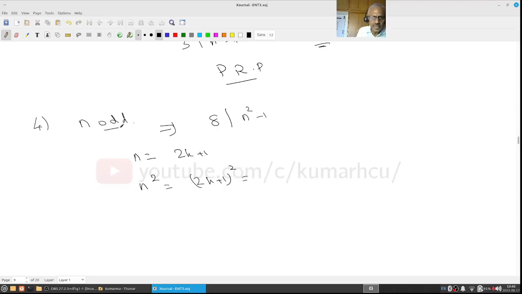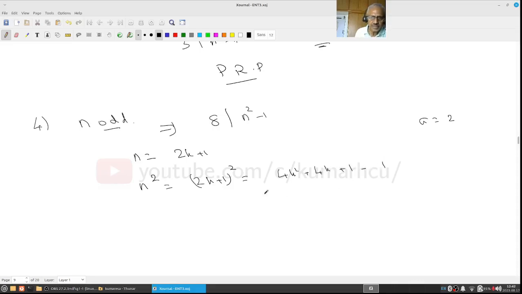Remember, whenever you say odd, then what should be my a in the division algorithm I have to use? A must be 2. So I apply that, so I get this, and this is unique, and this is going to be 4k squared plus 4k plus 1, minus 1.